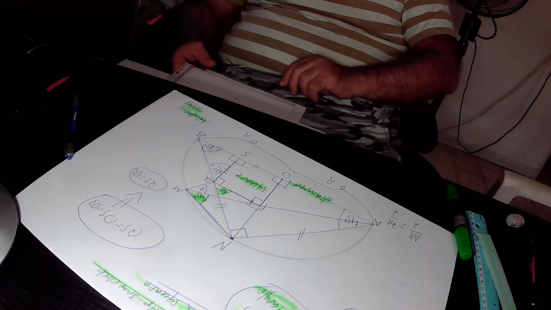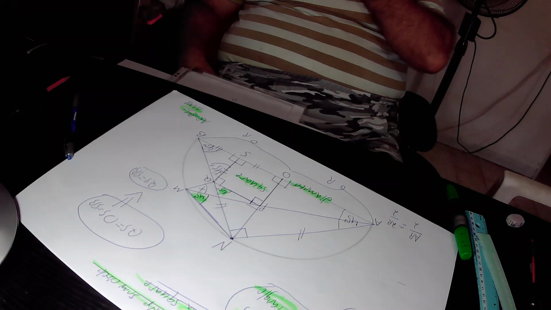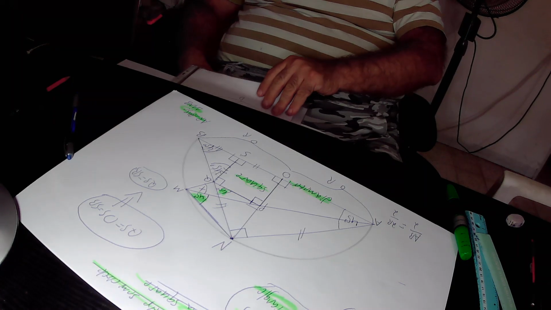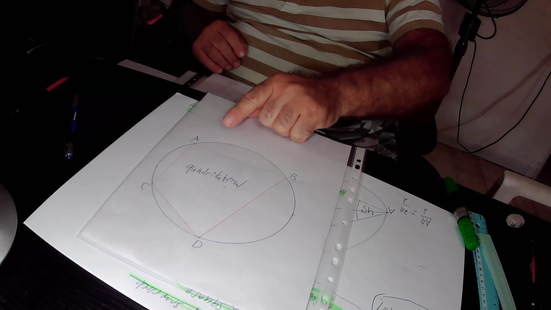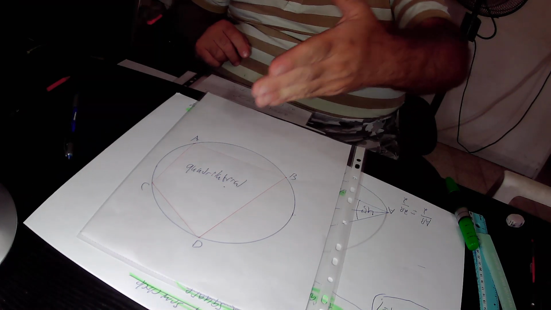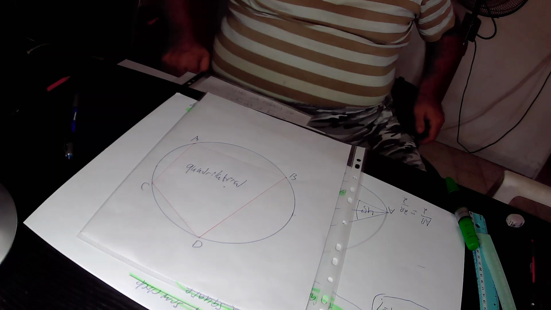So first of all, what is a quadrilateral that is inscribed by a circle? The red quadrilateral ABCD is inscribed by this circle. Why is the red quadrilateral ABCD inscribed by this circle?